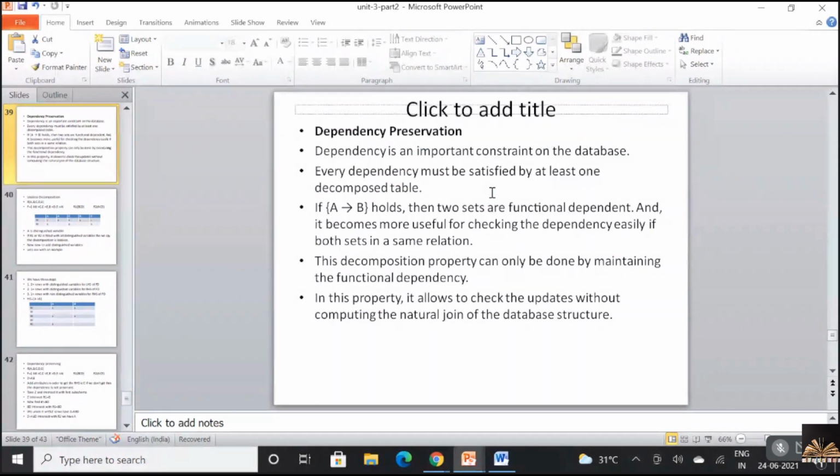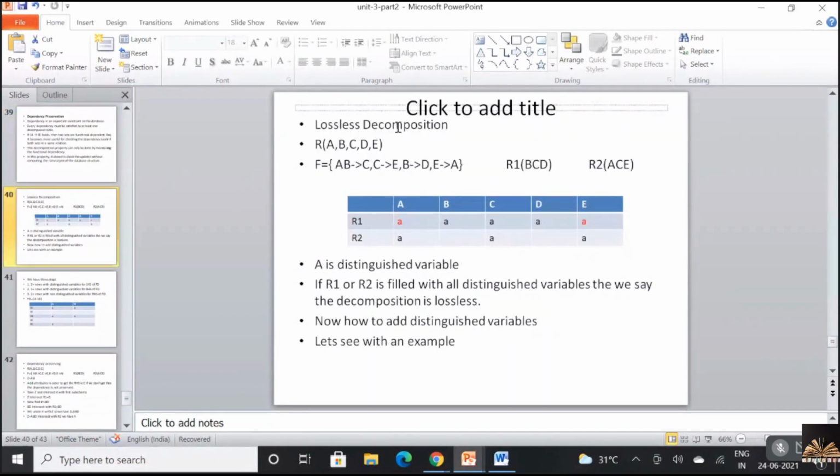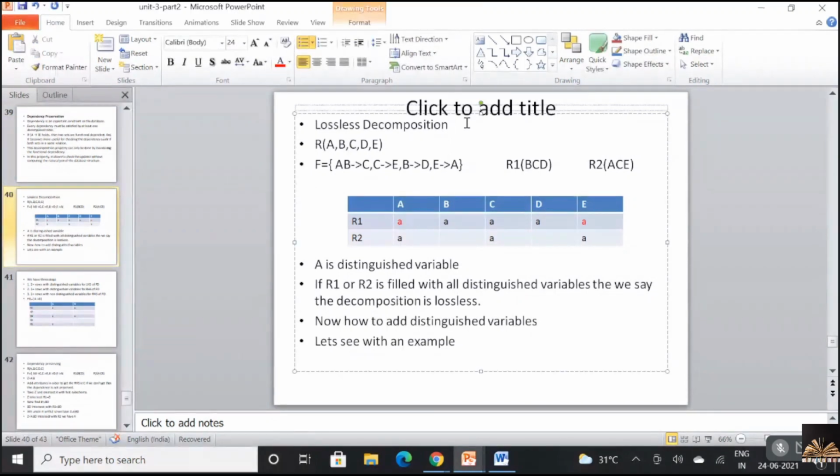These are the two important concepts. Now, how do you check whether a decomposition is lossless or lossy? Try to understand more.